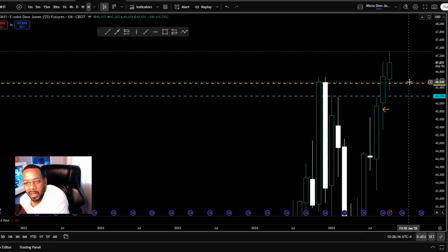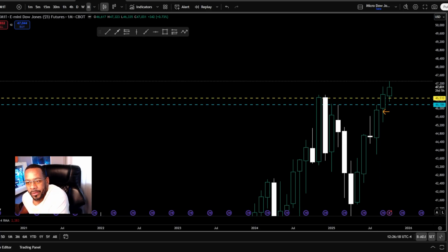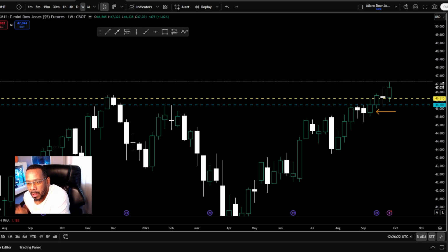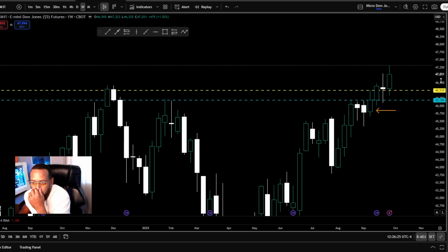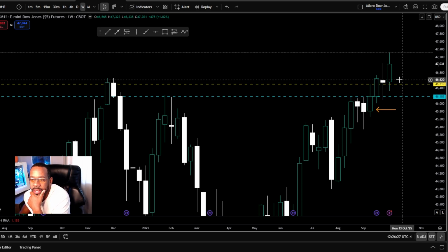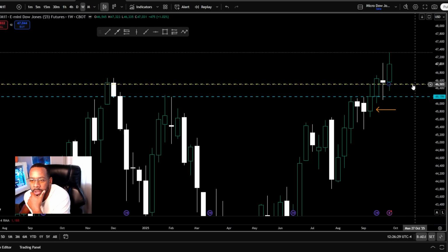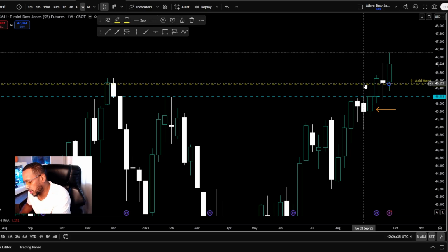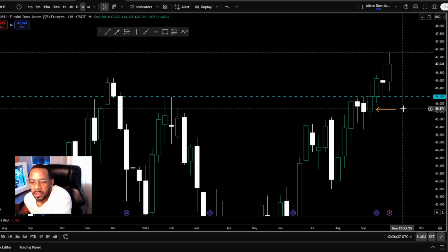So again, the high likelihood is price is going to continue up. Look at this weekly. Same, nice support. Price popped right back into this area the week before and last week. So I'm going to go ahead and delete that.